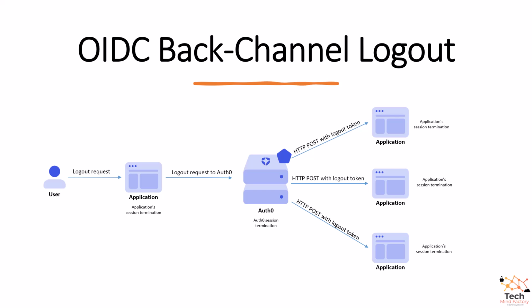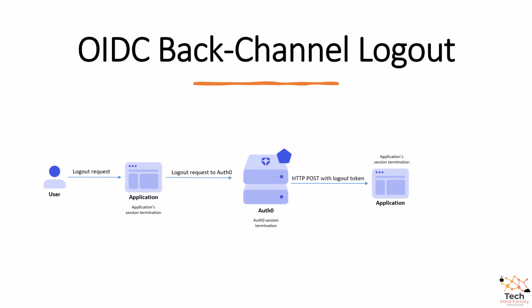Auth0 will call each endpoint for each application to inform, hey, this is the logout token, this is the sid, so the session ID, terminate the session for this user. And each application is responsible for terminating the session for this specific user. Okay, so that's how it looks.